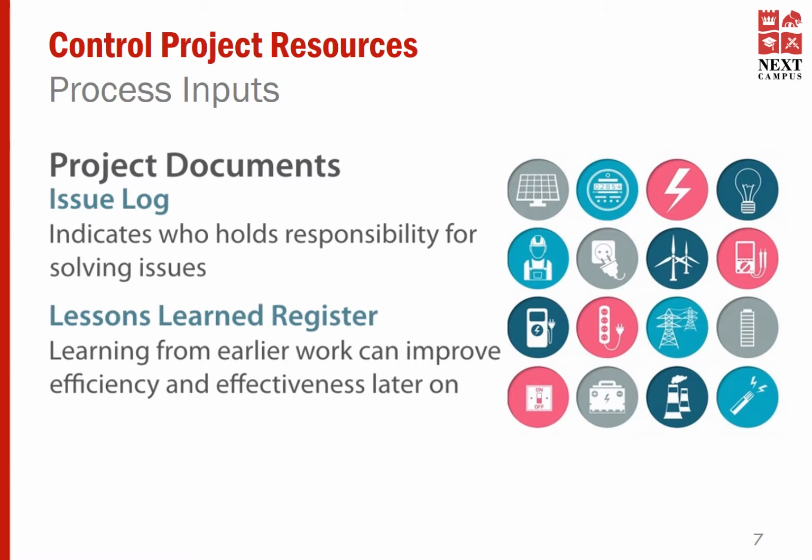Lessons learned register is used to identify and track the lessons learned during the previous stages of your project. Lessons learned early in the project can be applied to later phases in the project to improve physical resource control.